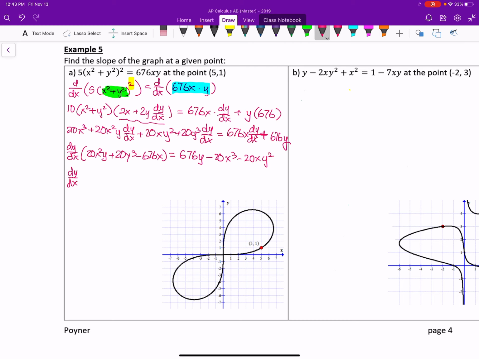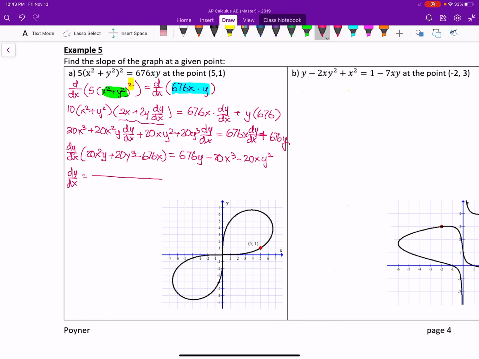And then solve for dy dx. And the one thing I notice is that for every term, I think 4 goes into every single term. So let's divide everything by 4. So that's going to give me 169y minus 5x cubed minus 5xy squared.